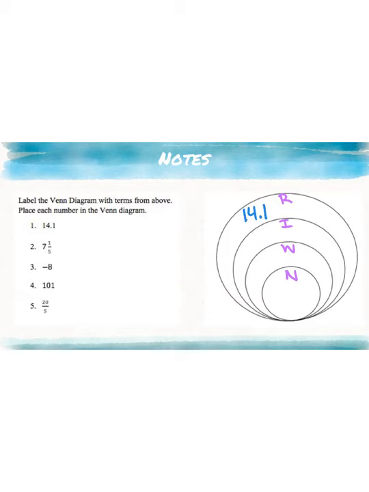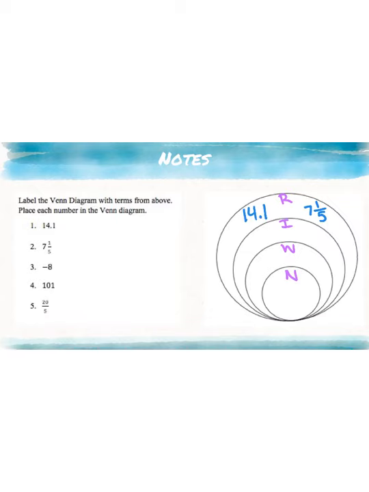The second number is 7 and 1/5. This number is a fraction. So again, it can only be a rational number because rational numbers are decimals and fractions. So I'm going to write it inside of the rational circle.